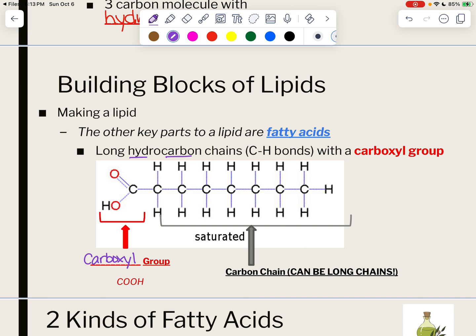That is also found in our functional groups table. Now, these carbon chains with those hydrogens attached are very long chains. And this one happens to be a straight kind. So you see how I can just draw my line that's very straight? We call those saturated fats or saturated fatty acids.